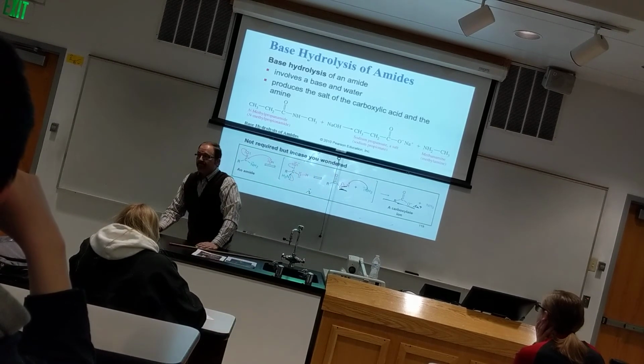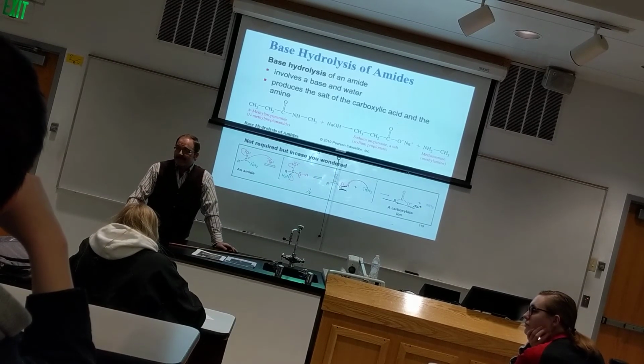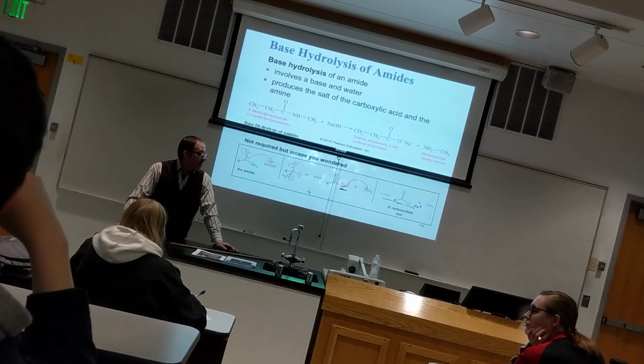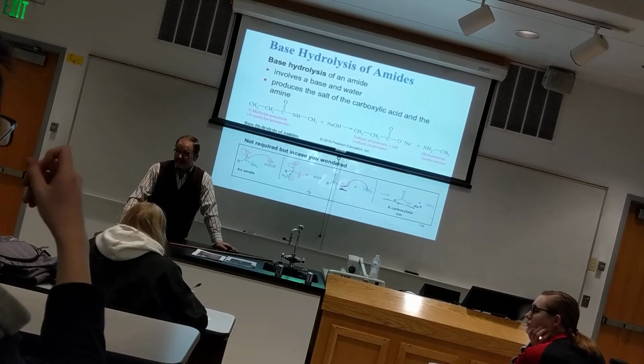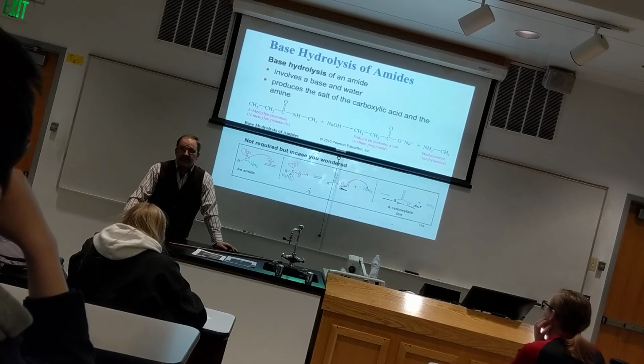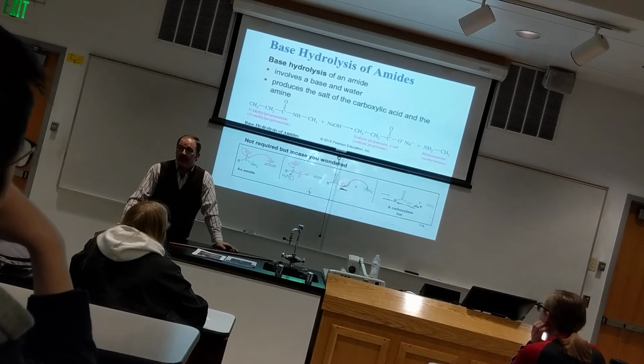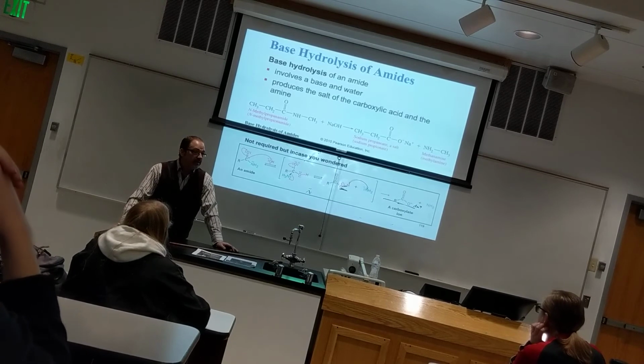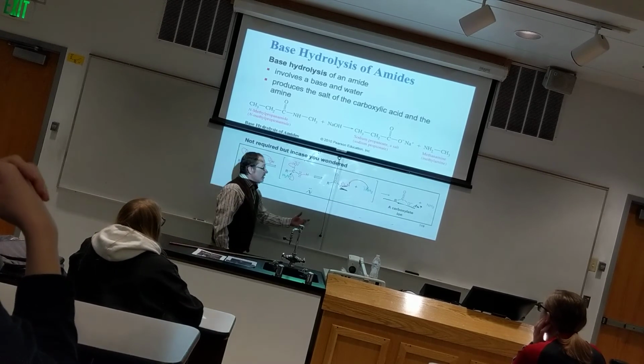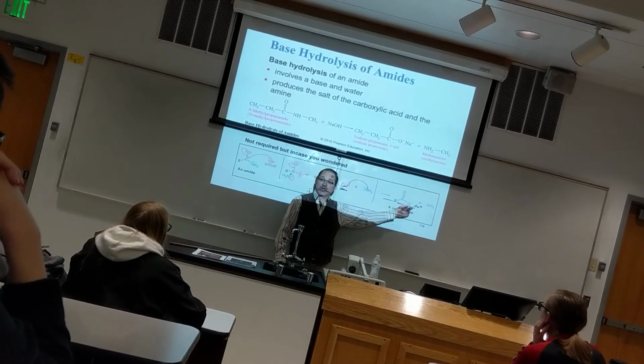Yes? So it doesn't turn into a true carboxylic acid because we don't have any hydrogens to... Exactly right. It turns into a carboxylate, which is a salt of the carboxylic acid. Absolutely. Very good. In a basic solution, you end up with a negative charge or no charge.